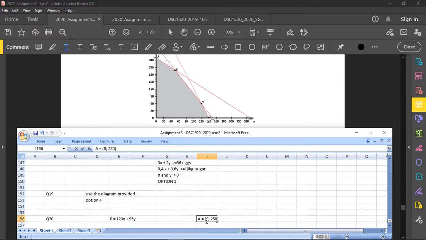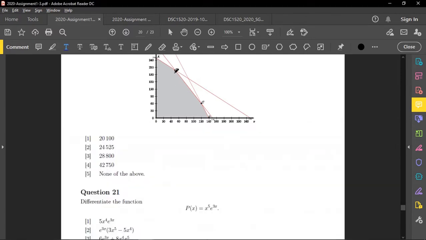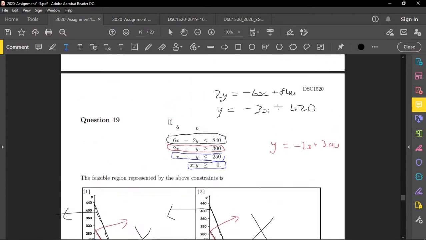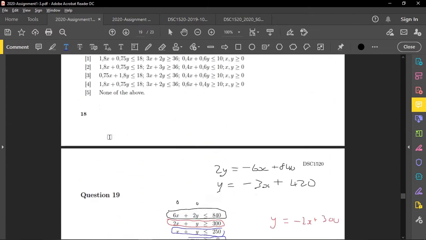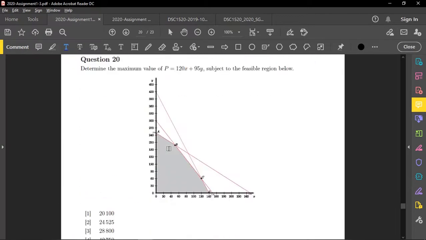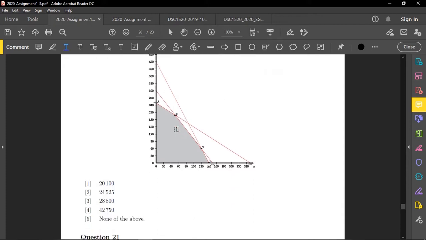Okay, B. Let's see what B is. It's difficult to read off these figures, and they don't even give you the formulas. Unless 19 and 20 are separate, you can't use these formulas for 20, but they've given you the maximum. So you're going to have to identify what those potential values are.